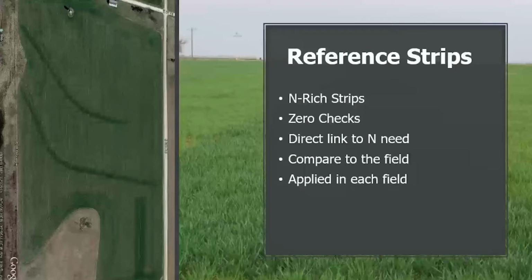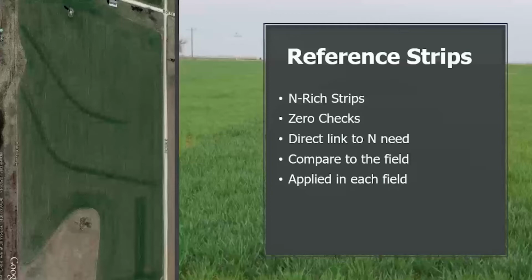However, if we're using decisions that are made from a pre-plant soil test, there's really no accurate way to estimate the amount of nitrogen either mineralized or lost during that period. And the only way to know how much nitrogen was being made between planting and the time of top dress would be using reference strips.